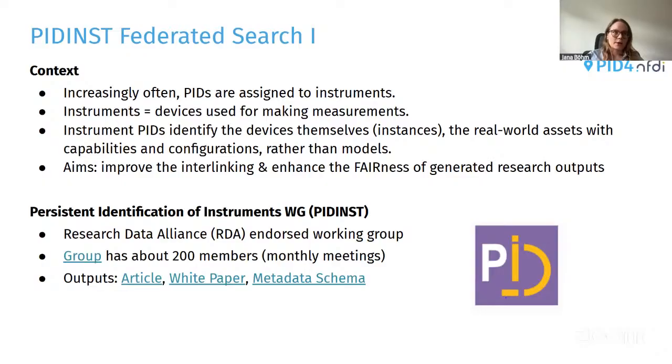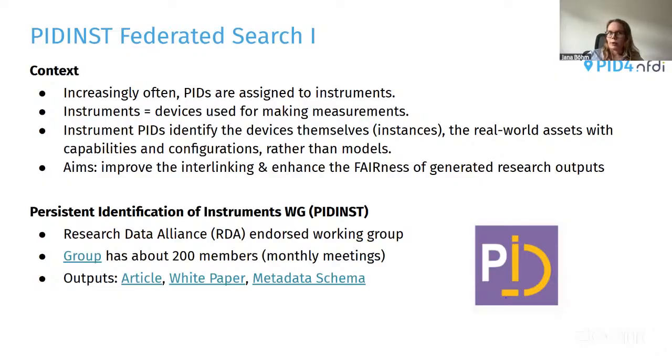That could be microscopes, cameras, sensors, and so on. And instrument PIDs then identify the devices themselves, so the real-world assets or instances with capabilities and configurations, rather than model numbers or so. And the aim of instrument PIDs is to improve the interlinking of generated research outputs and enhance the fairness of generated research outputs.